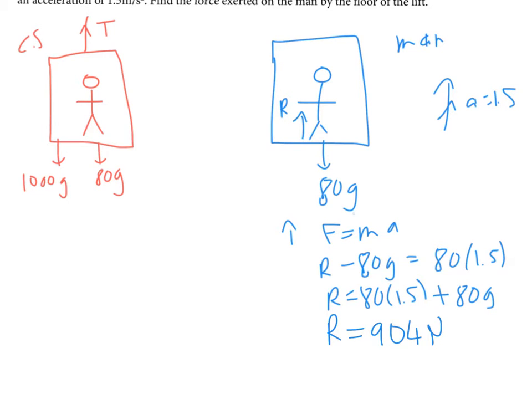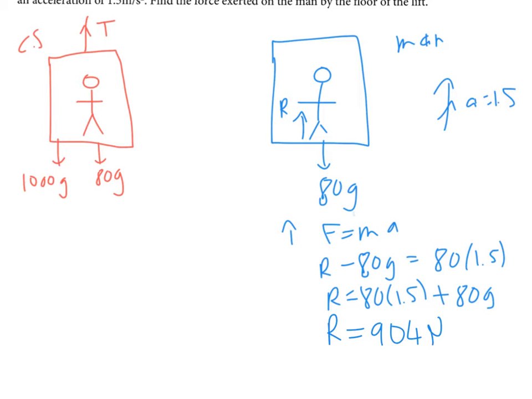However, when it accelerates, you get that feeling of sinking into the floor. So R is bigger than 80g. And then equally, at the very end of the lift, you get that light feeling. You feel like you're going to rise up nearly. That's because R is going to be less than 80g for that bit, for the deceleration, and you get that sort of light feeling as if you're going to maybe even rise off the floor.